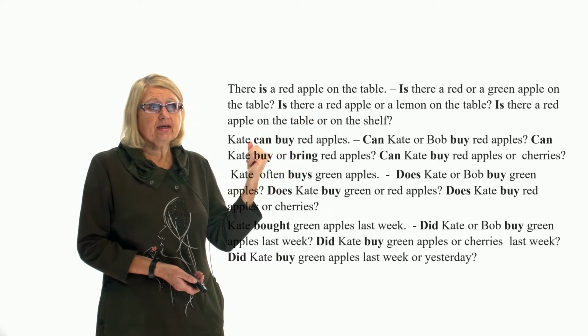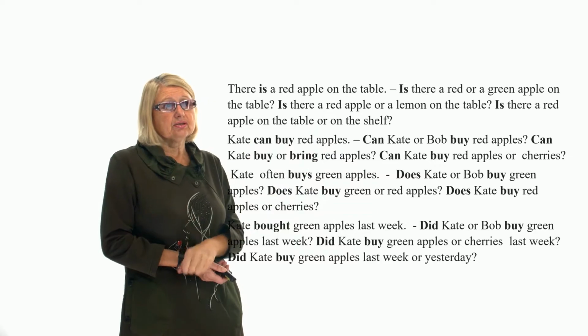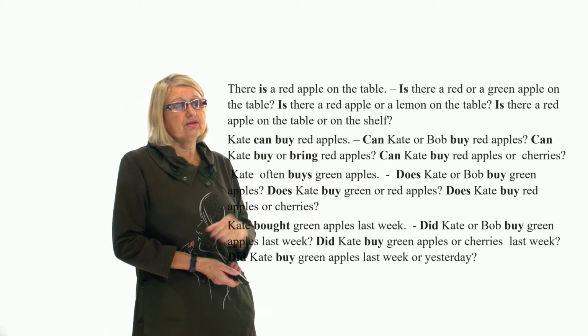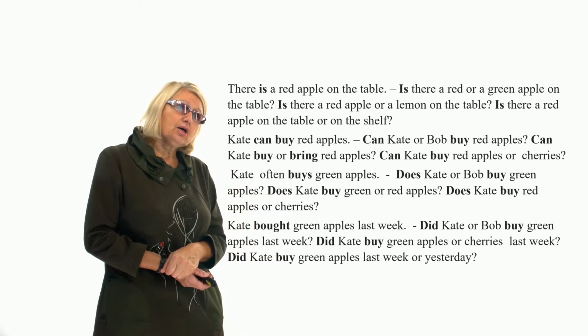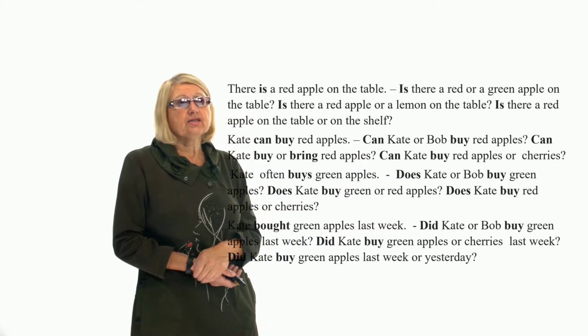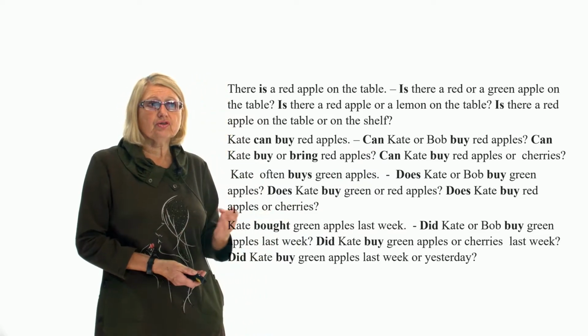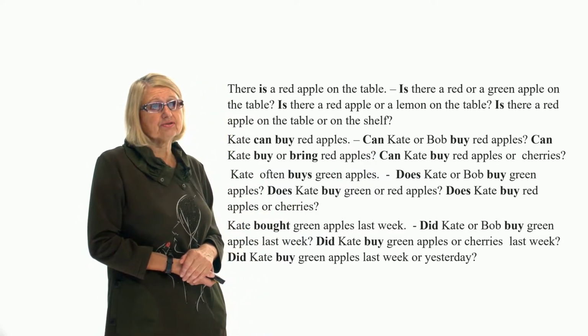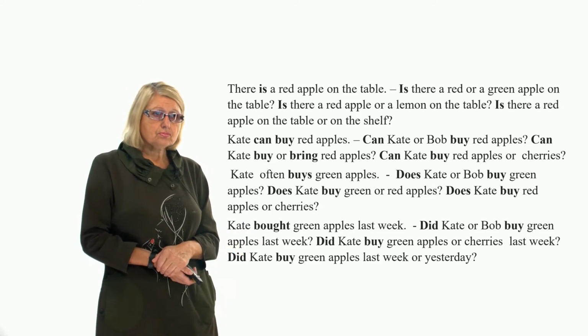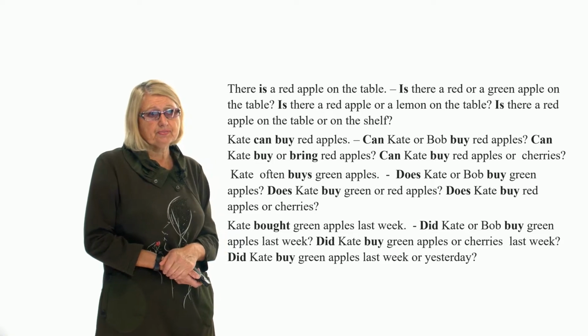Is there a red apple or a lemon on the table? It is a variation of the subject. Is there a red apple on the table or on the shelf? It is a variation to the secondary part.